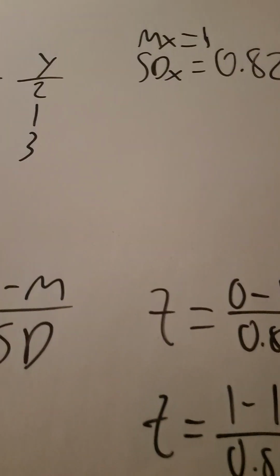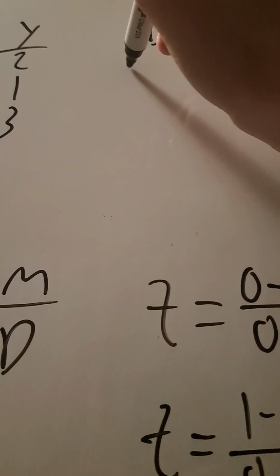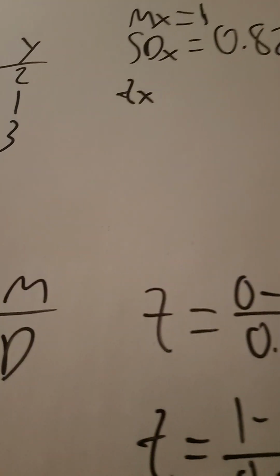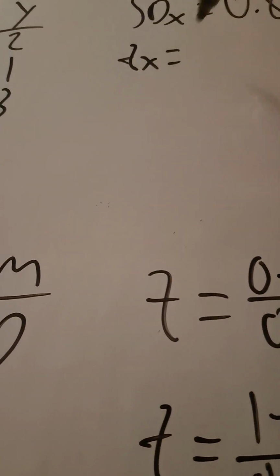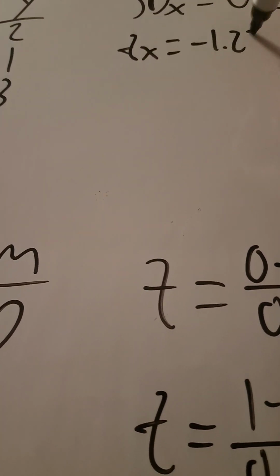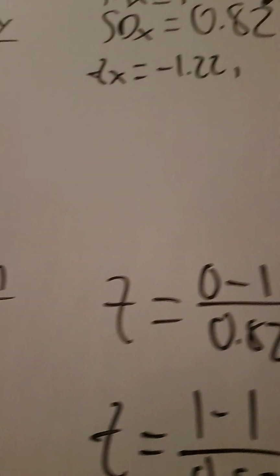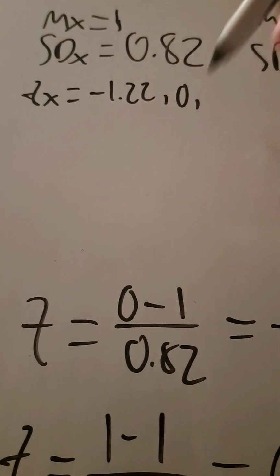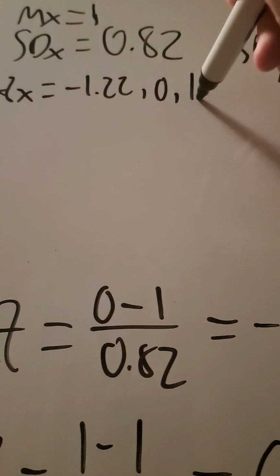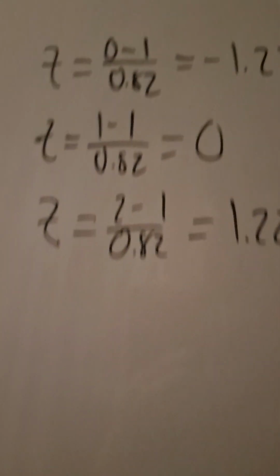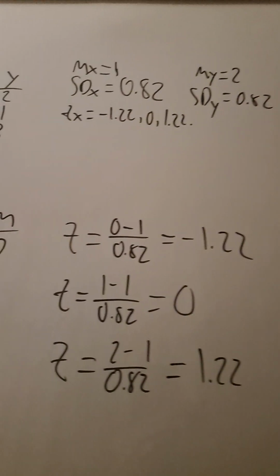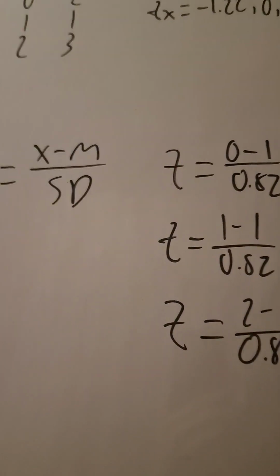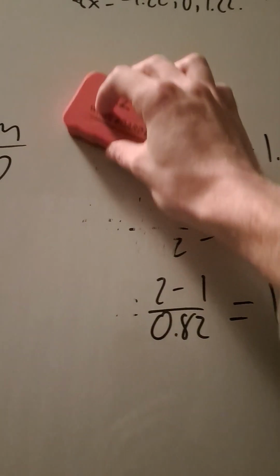So I'm going to add those to our list up here. Our z of x's are negative 1.22, 0, and 1.22 positive. Okay, so I'm throwing those up there so we don't forget. So again, I'm going to erase these calculations in the middle.